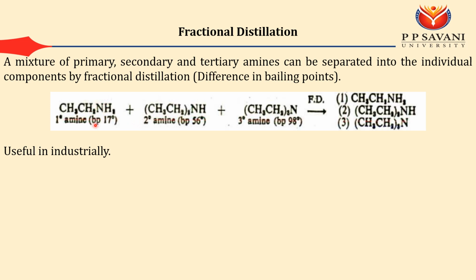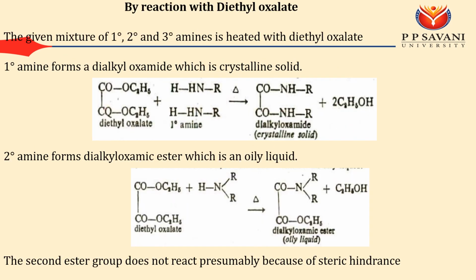For the primary amine, ethylamine is 17, diethylamine 56, and triethylamine is 98. So I can easily separate them with the fractional distillation method. This process is very useful for industry. Or you can do a reaction with diethyl oxalate. If I do a reaction with a primary amine, I will get a dialkyl oxamide.